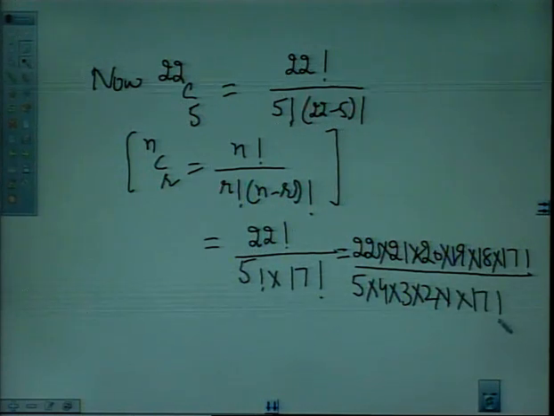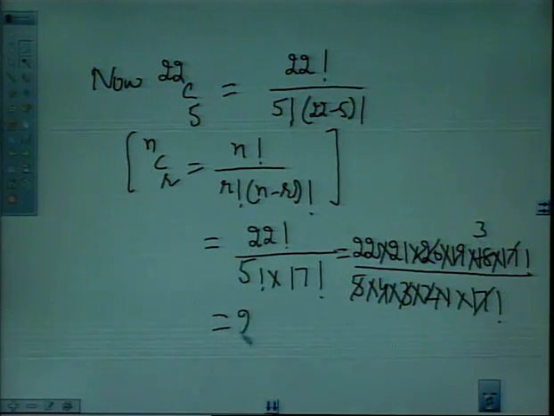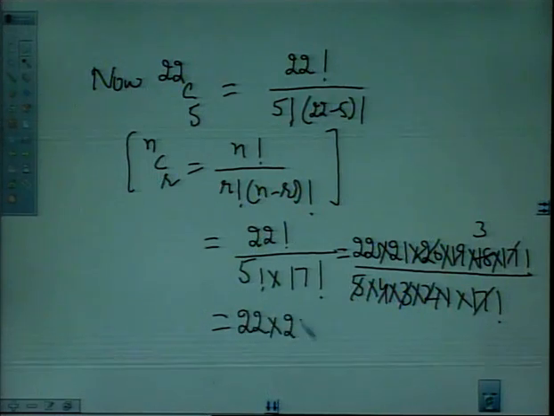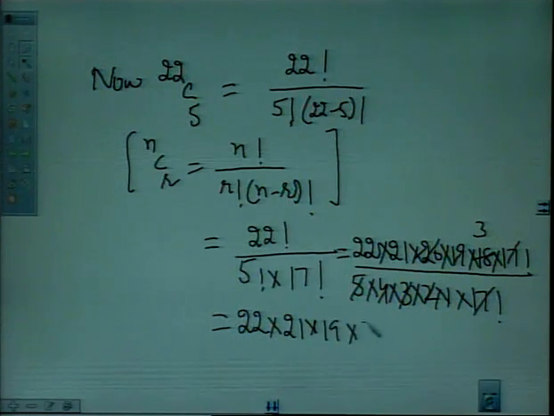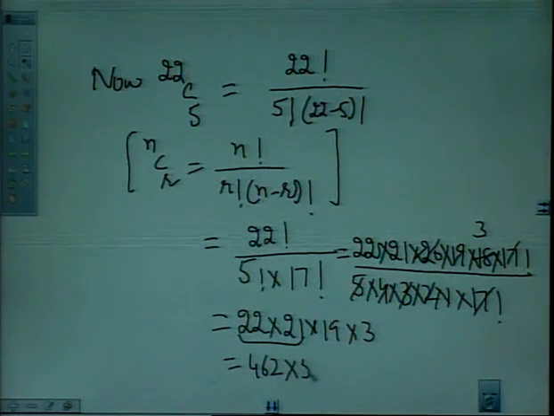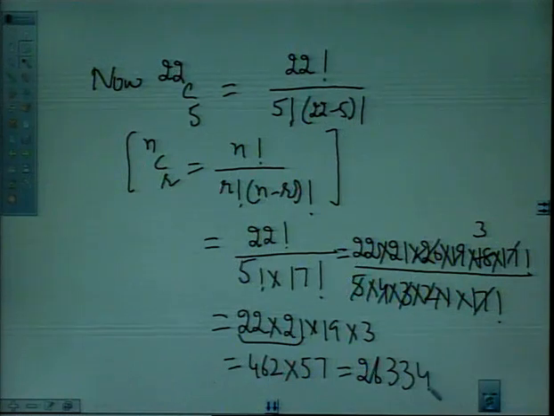Now, we cancel 17 factorial from numerator and denominator. 5 into 4 is 20, this cancels with this. 3 into 2 is 6, and 6 into 3 is 18. We are left with 22 into 21 into 19 into 3. Multiply 22 by 21, we get 462, into 19 into 3, that is 57. When we multiply, we get the answer as 26334. This is our answer.